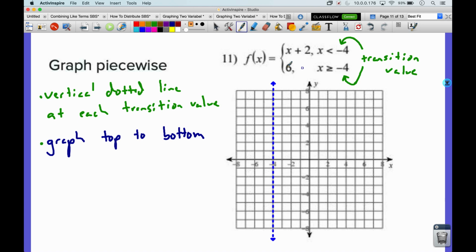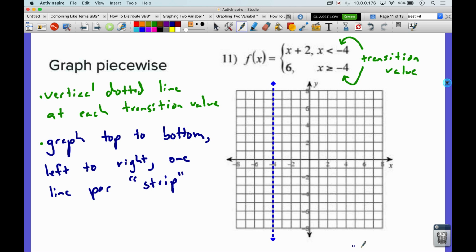So this one first, then this one, and then if there's more, we would just keep going down. So top to bottom, left to right. One line per strip of graph paper.